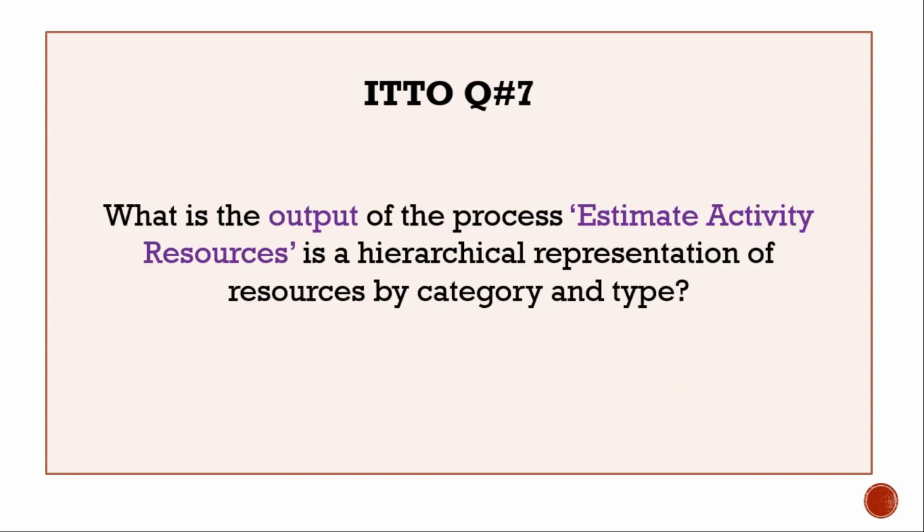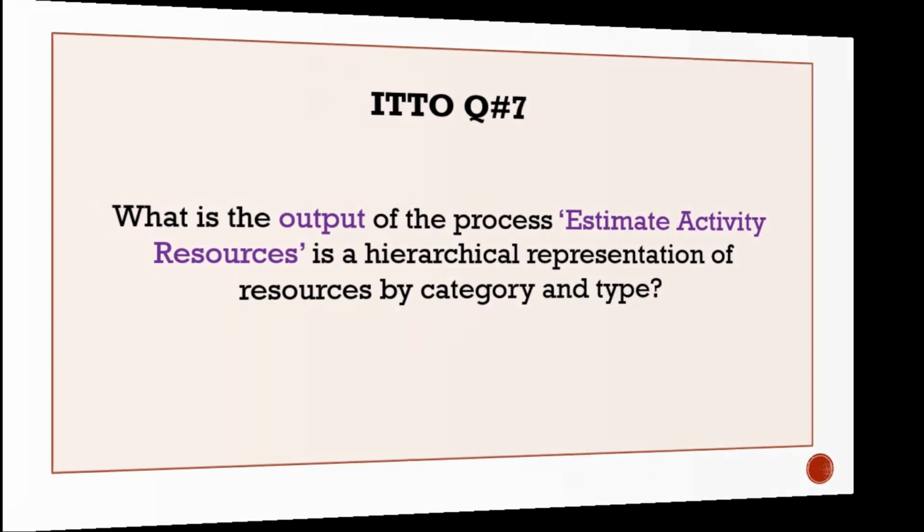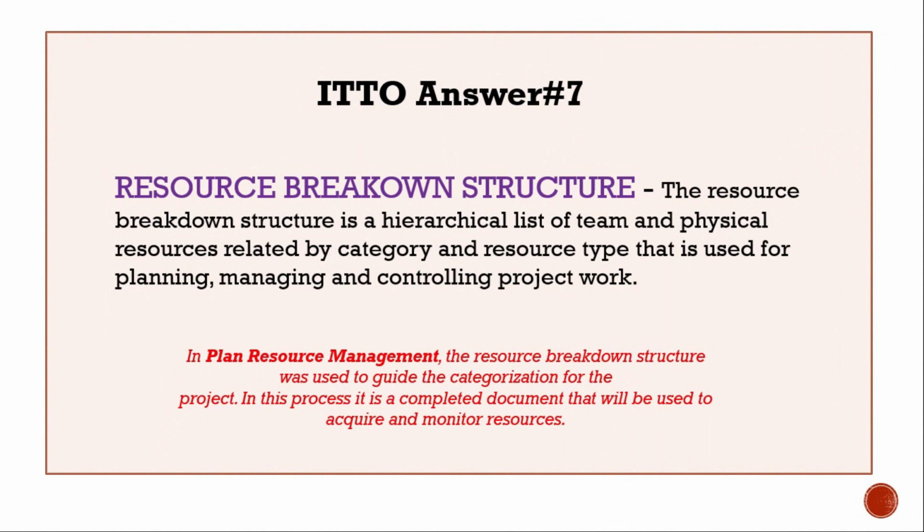ITTO question number 7. What is the output of the process estimate activity resources, which is a hierarchical representation of resources by category and type? Answer: resource breakdown structure.